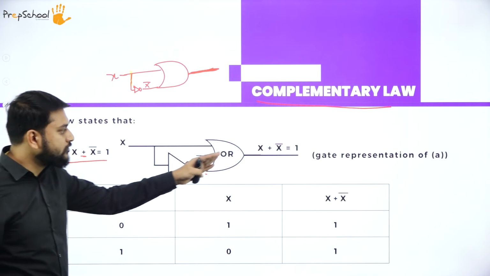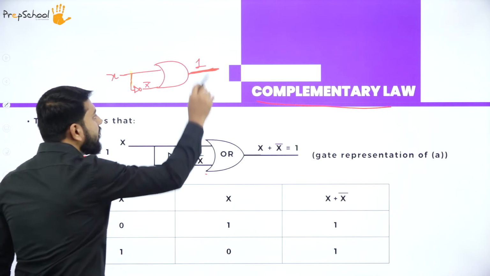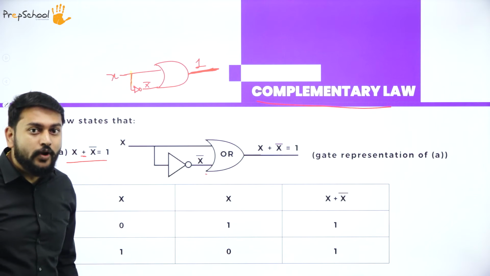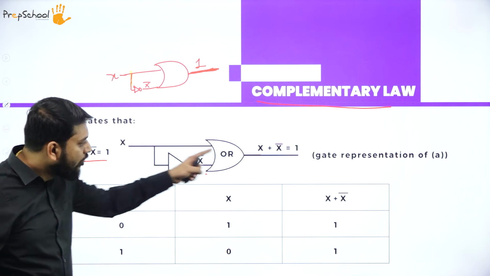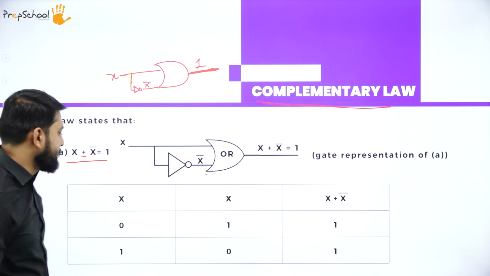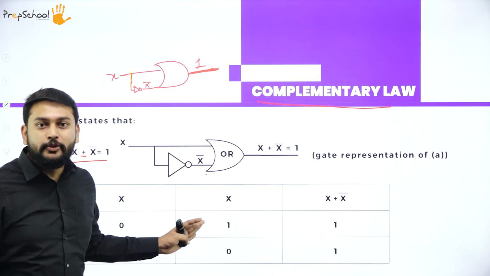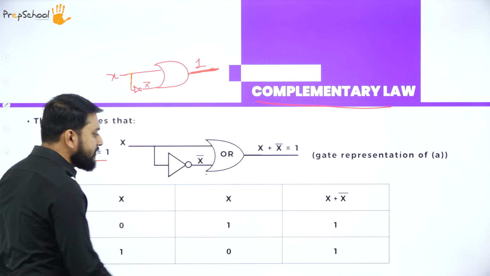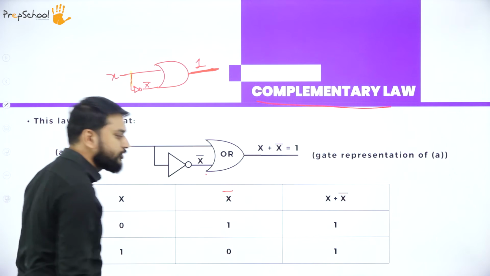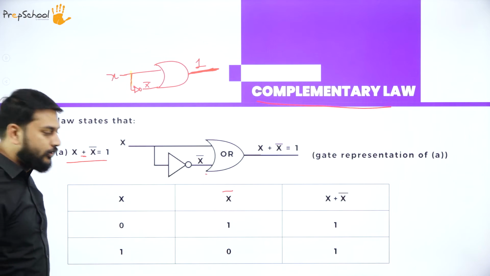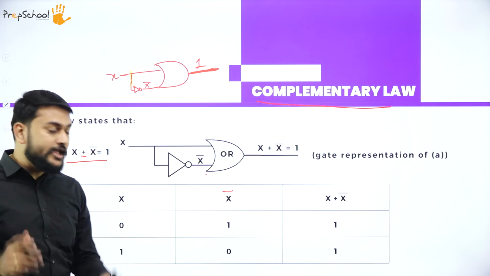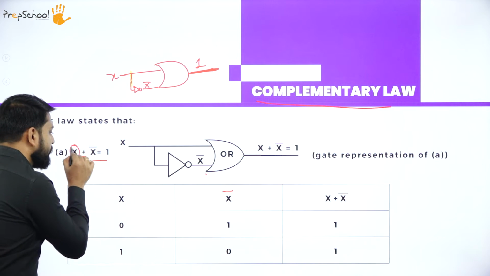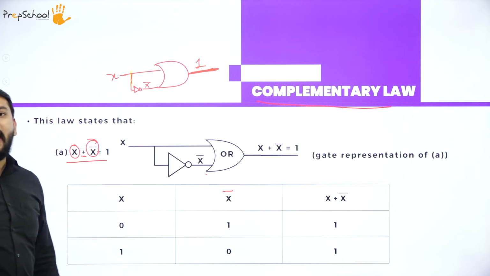So what is the output for this? 1 should be the output. How is it 1? That's what we are trying to understand with this truth table. Please observe, I have X and this should be X dash. Why, sir? Can it not be X? No, it should be X dash, because my input is X and it should be X dash.